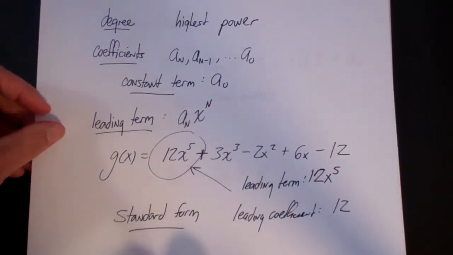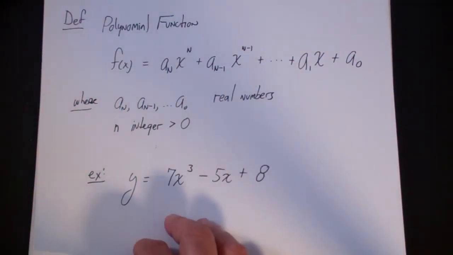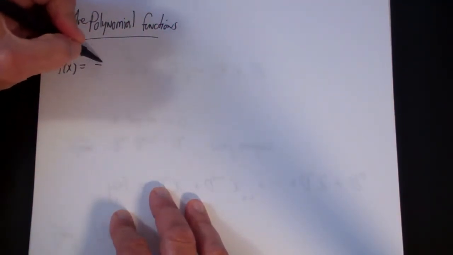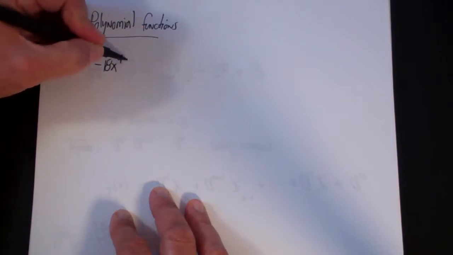So let's look at a couple of examples of polynomial functions and ones that are not. An example would be f of x is equal to minus 18x to the fourth plus 13x cubed plus 2x minus 6.